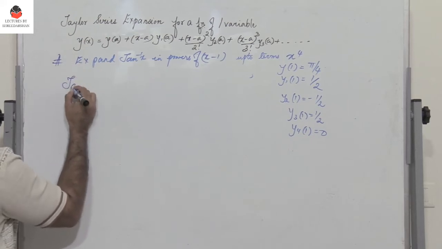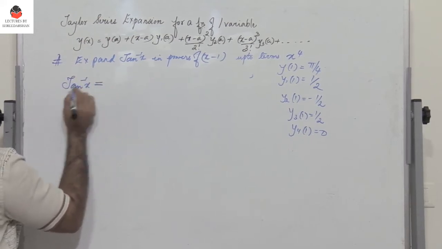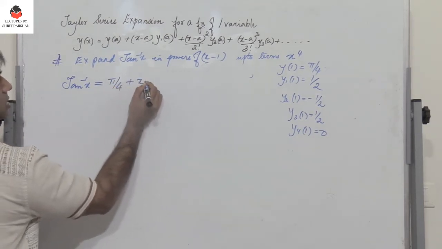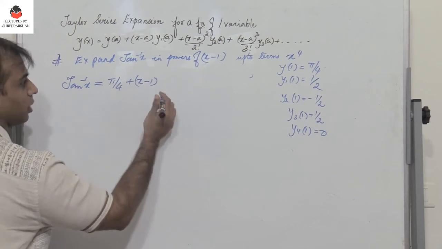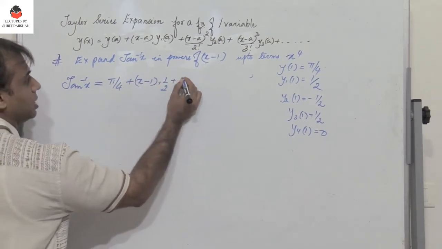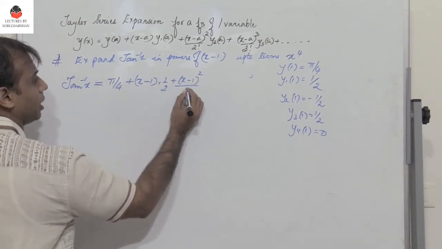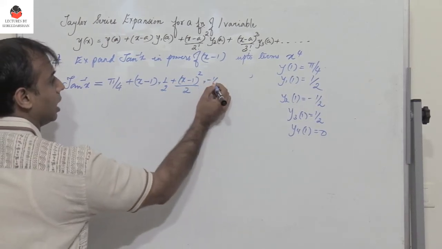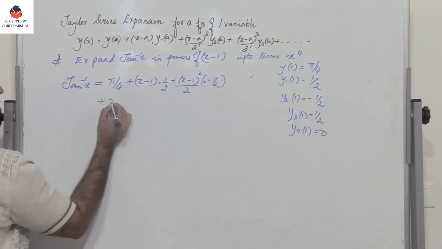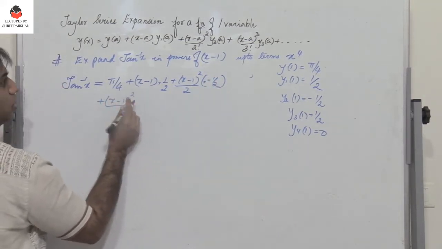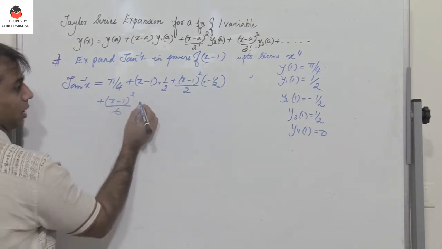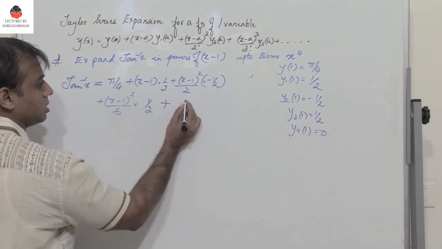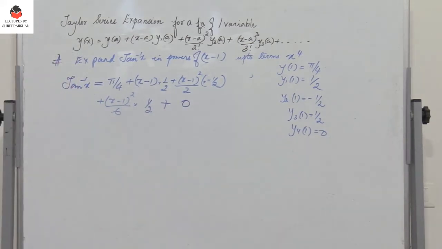Y of x is nothing but tan inverse x equals, what is y of 1? Pi by 4 plus x minus 1 into y1 of 1 is 1 by 2 plus x minus 1 the whole square divided by 2 factorial is 2 into y2 of 1 is minus half plus x minus 1 the whole cube divided by 3 factorial is 6 into 1 by 2 plus 0 because y4 of 1 is 0.